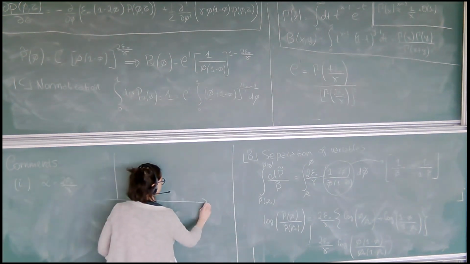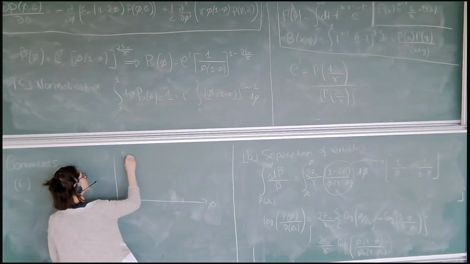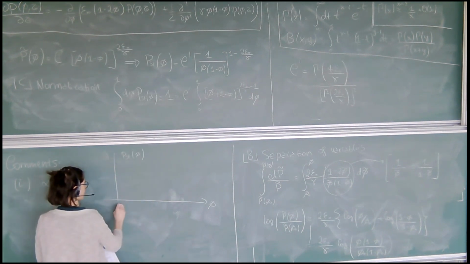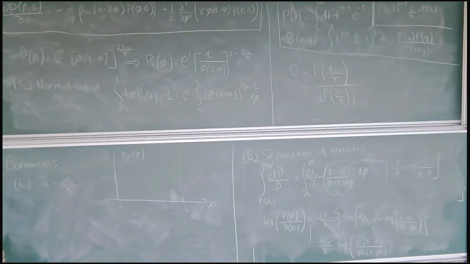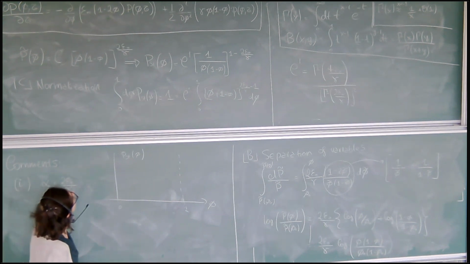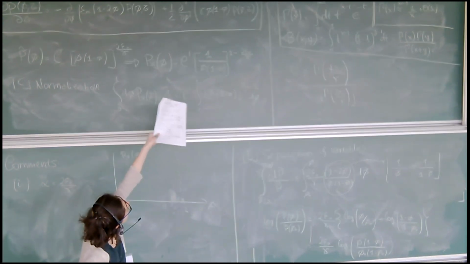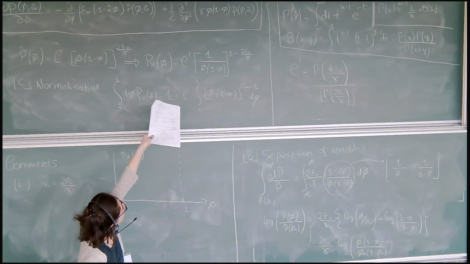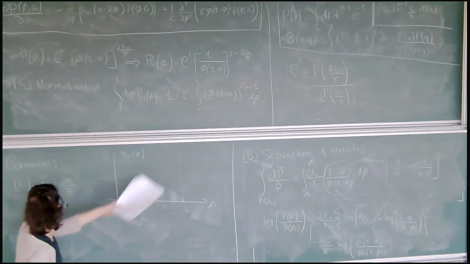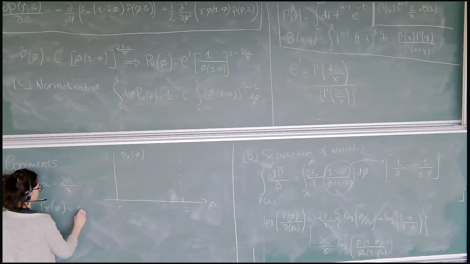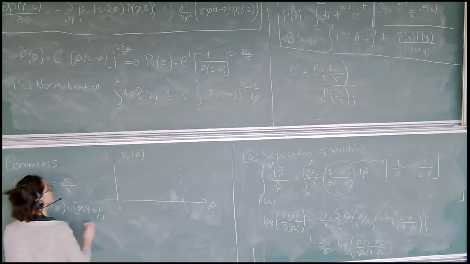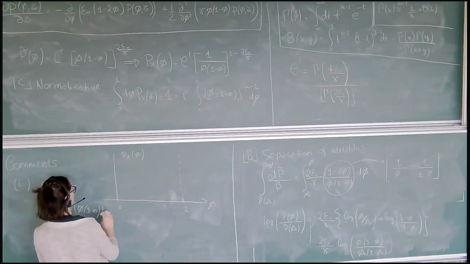So this goes from 0 to 1. So if alpha is larger than 1, then your distribution is proportional to phi 1 minus phi. So let me rewrite it. So P stationary goes like phi 1 minus phi to the alpha minus 1.